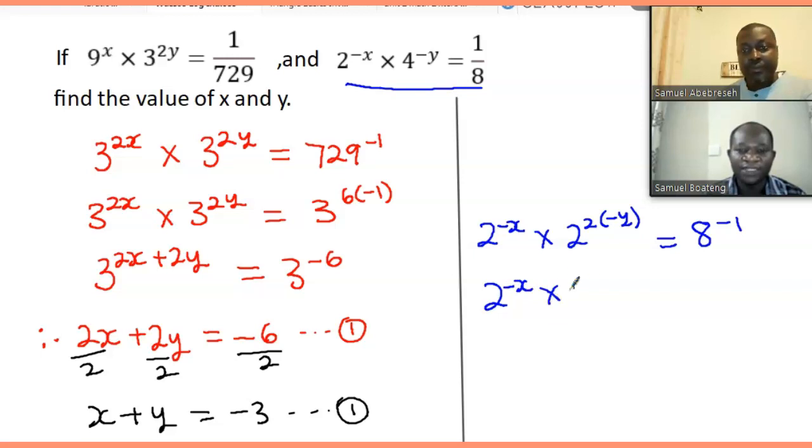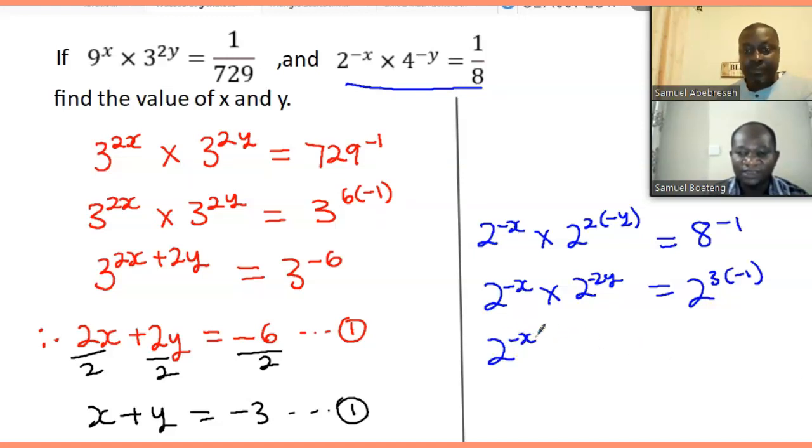You have 2 raised to the power minus x times 2 raised to the power minus 2y is equal to 8, which can be expressed as 2 raised to the power 3 times minus 1. On the left-hand side, we add the exponent. So 2 raised to the power minus x plus minus 2y is equal to 2 raised to the power minus 3.